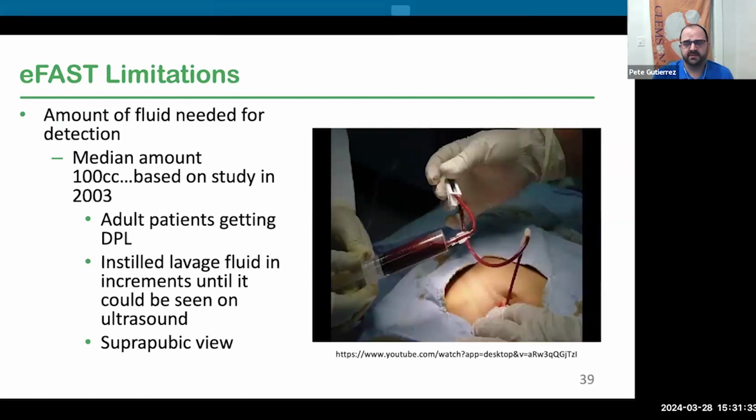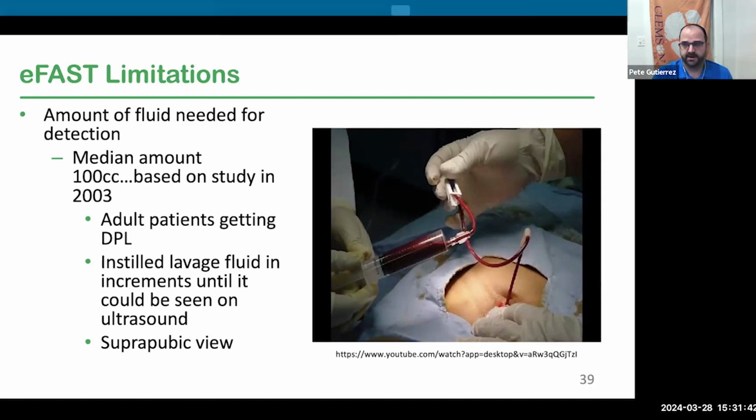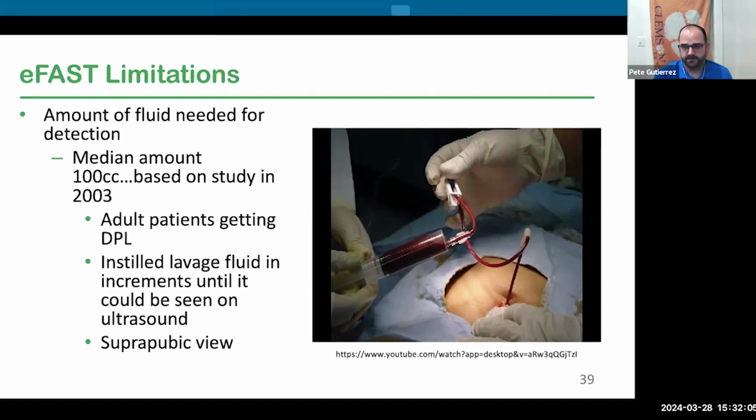The next limitation is what is the minimum threshold of free fluid that needs to be present in order to be detected by ultrasound? In this study back in 2003, they had adults undergoing diagnostic peritoneal lavages, which thankfully we do not do anymore, in trauma evaluation. They would instill aliquots of saline into the abdomen while looking in the suprapubic view for free fluid.